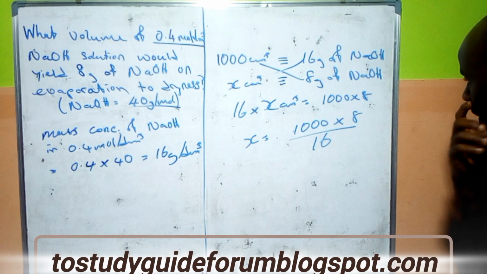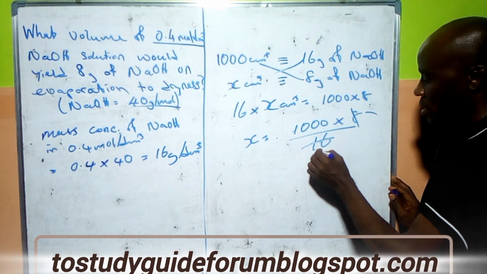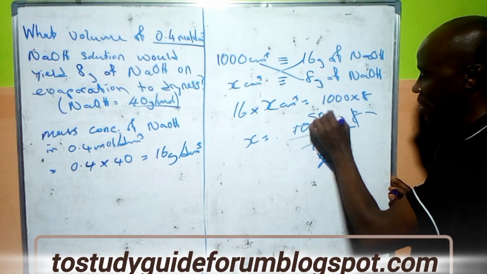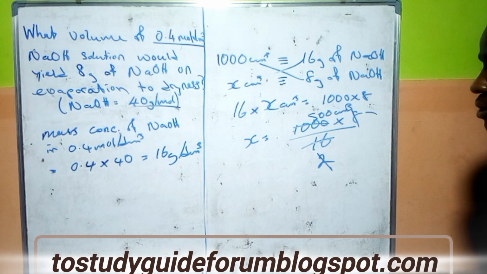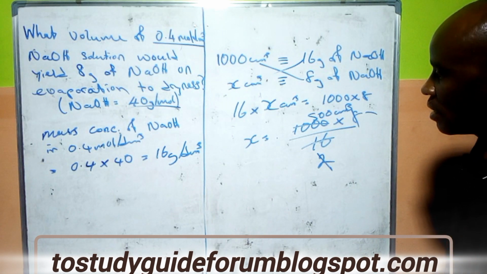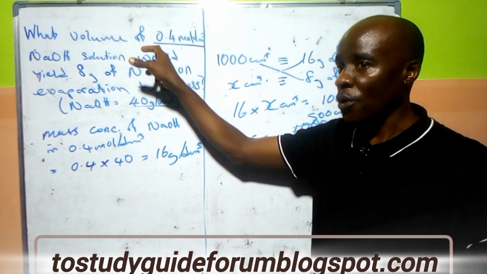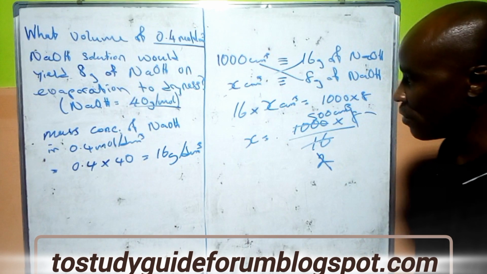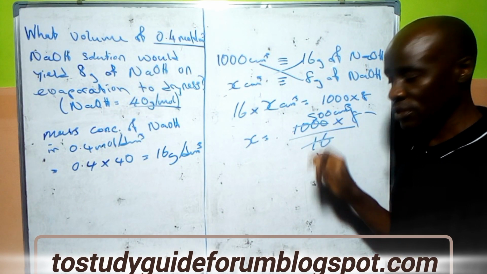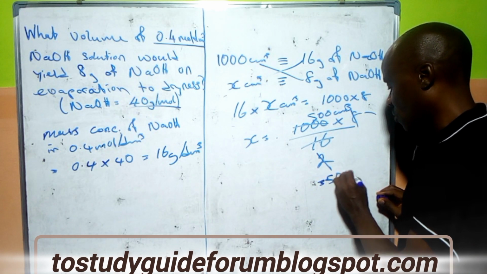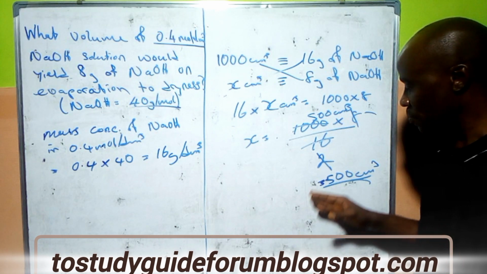By going by this, 8 into 8 is 1, and 8 into 16 is 2, so we have 500 cm cube. So the volume of this 0.4 mole per dm cube solution that will give us 8 grams of sodium hydroxide is equal to 500 cm cube. That is, 500 cm cube of the solution will give us this.